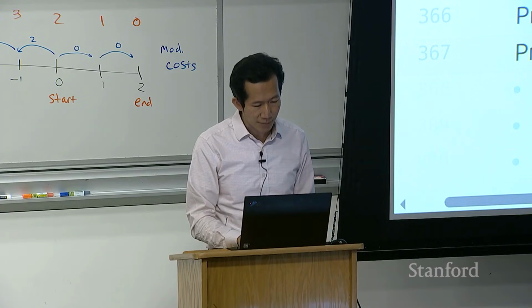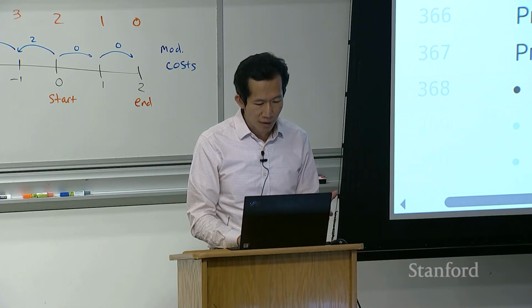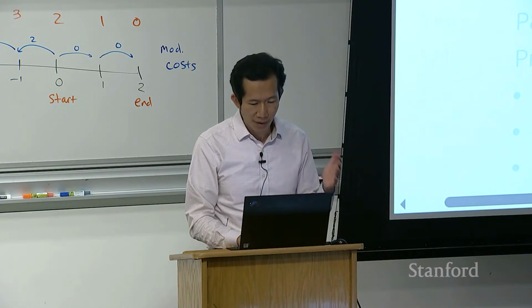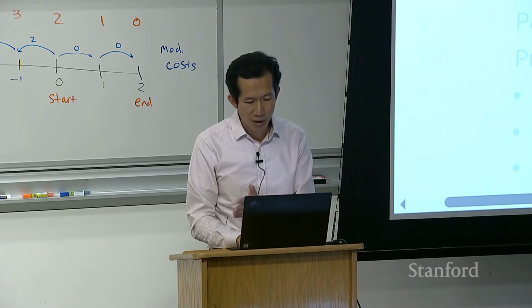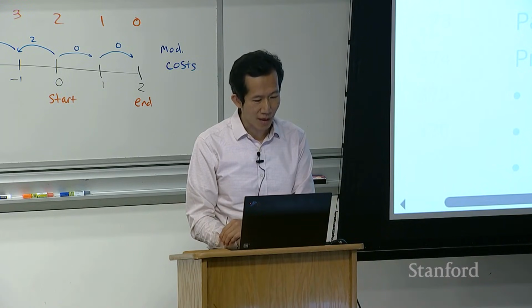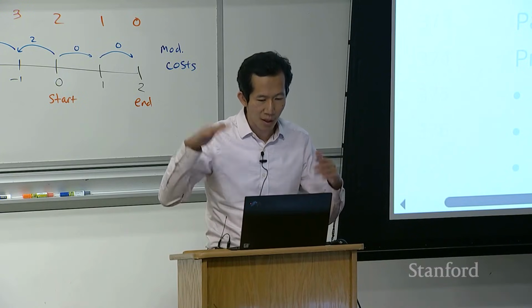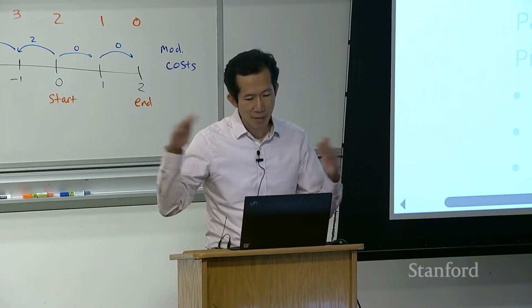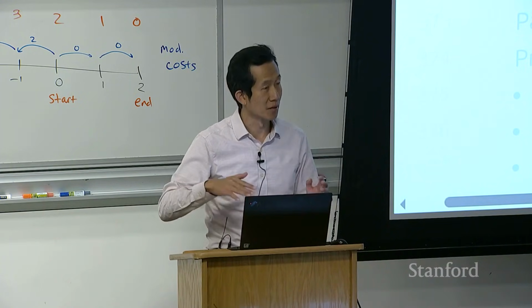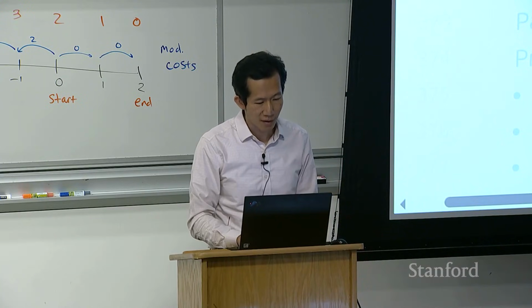Consider any path from the start to the end. The sum of the modified costs is going to be identical to the sum of the original cost minus the heuristic at the beginning. And therefore, minimizing the modified cost is the same as minimizing the original cost if you go from start to end.